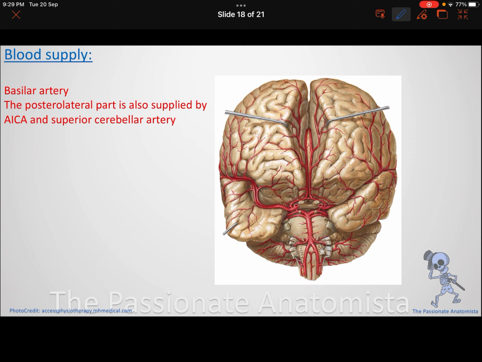So the posterolateral part is supplied by the AICA, and the basilar gives you the paramedian branches here. The superior cerebellar artery also supplies it, but mainly AICA and basilar.